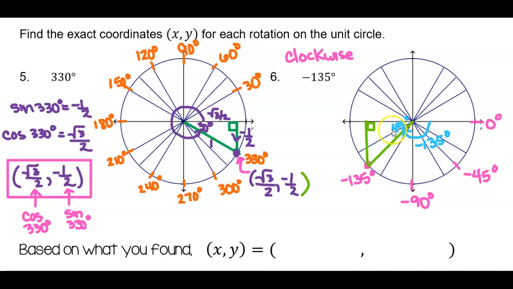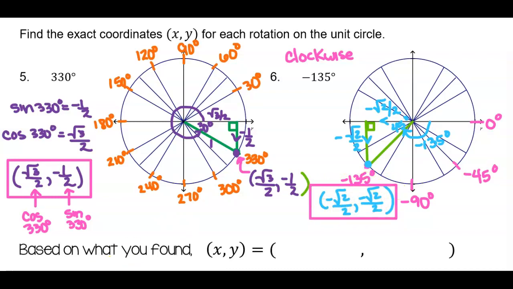So again, our opposite side is going to be root 2 over 2, and that's going to be negative since we're going down to get to this point. And our x is also going to be negative since we're going left, so that would also be negative root 2 over 2. So the coordinate for this rotation is going to be (-√2/2, -√2/2). Again, the x-coordinate is my cosine, and the y-coordinate is my sine.